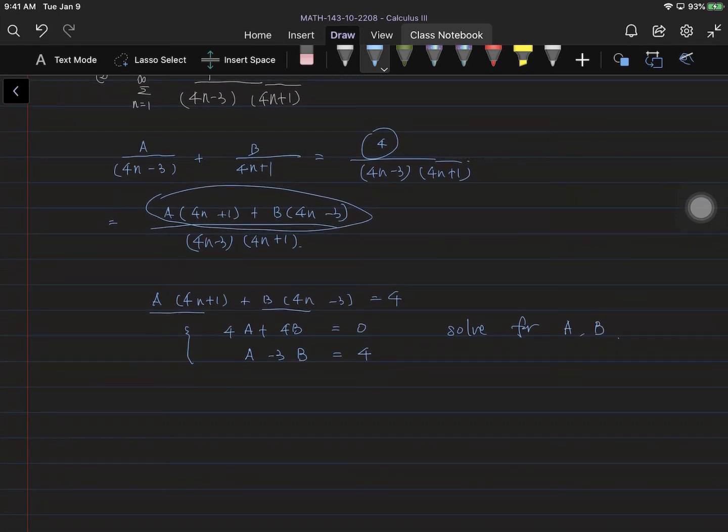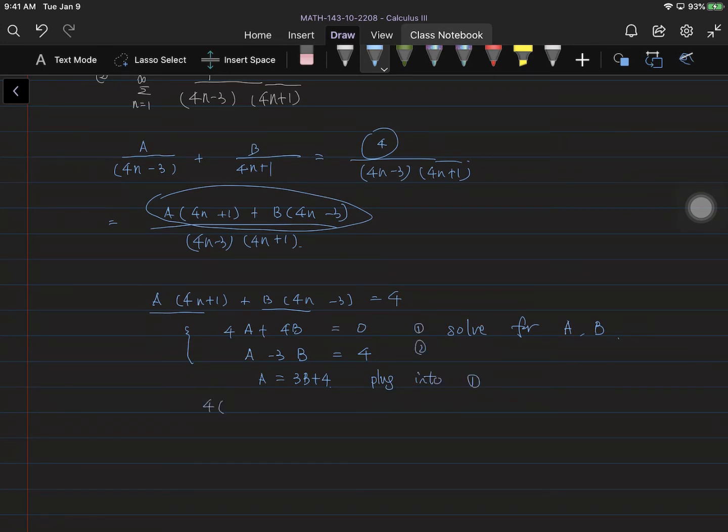To solve for A and B, there are several ways. You can do the substitution method, you can do the elimination method, right? 2 equations, 2 unknowns. You can use any method to solve. For example, with the substitution method, A equals 3B plus 4, plug into the first equation.